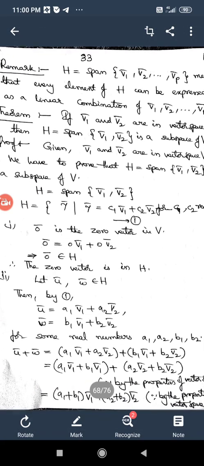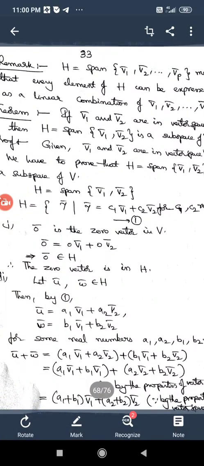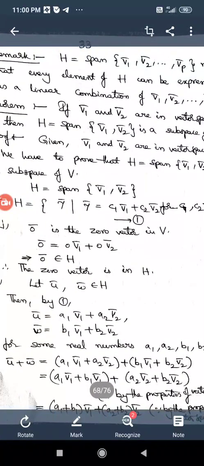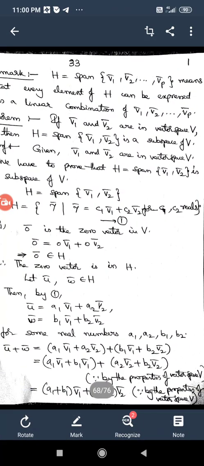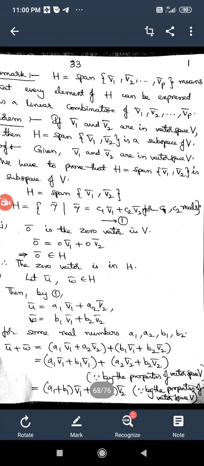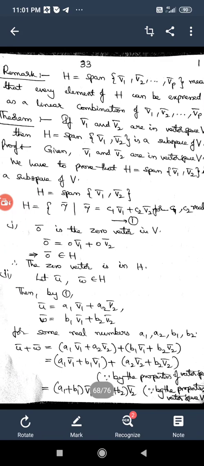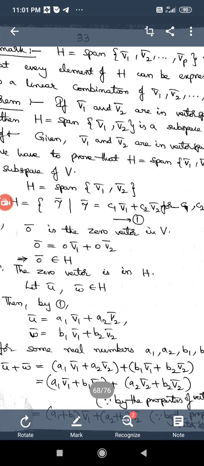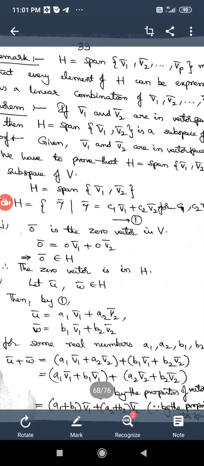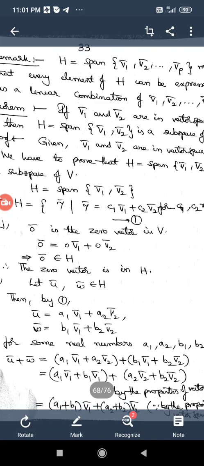And we have also proved the statement for two vectors, that is, if H is equal to span of v1, v2, then H is a subspace of V, where V is a vector space containing the vectors v1 and v2.